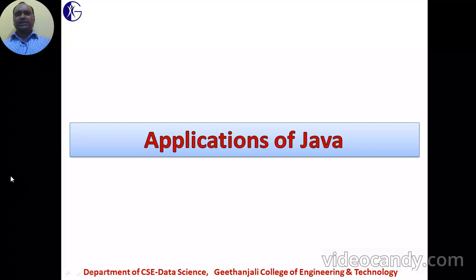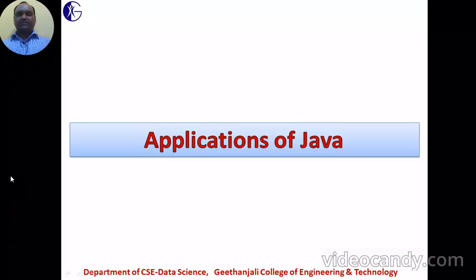And using Java today, a wide variety of applications have been developed. Today there are many companies working on Java to develop everything from small desktop applications to very complex distributed networking applications. And today Java is also available in three different flavors.